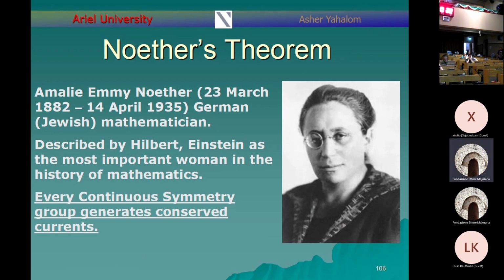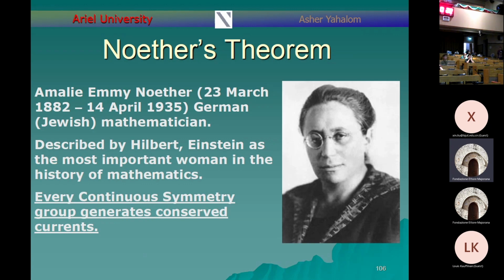let's recall the theorem of Noether, Emmy Noether, born in 1882, and she died in the US in 1935. She had to run from Germany for obvious reasons because she was Jewish.